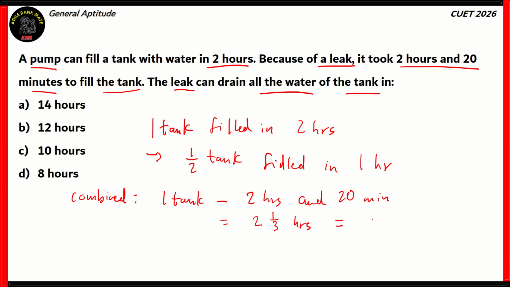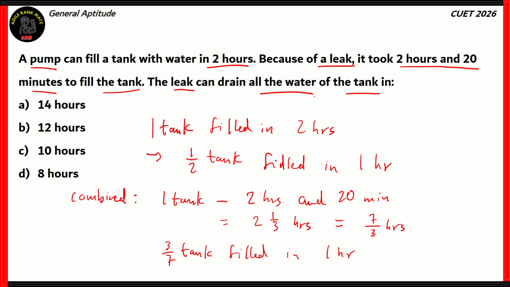Converting that into an improper fraction, you get 7/3 hours. And you need this many hours to fill one tank. So when we take the reciprocal, that means 3/7 of the tank can be filled in 1 hour.